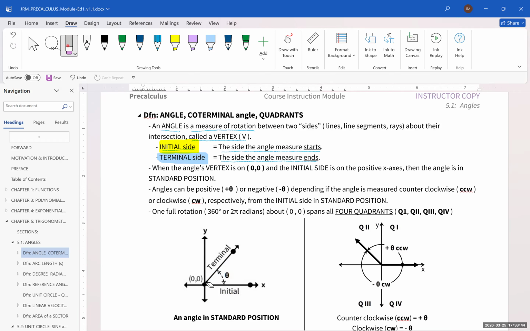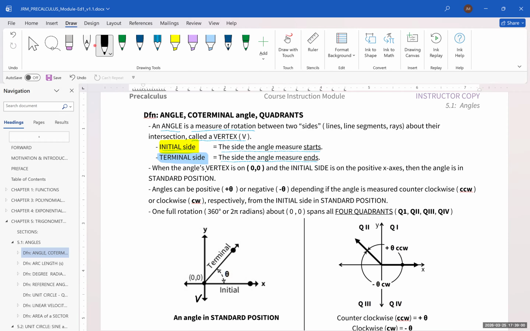Where the initial side and the terminal side intersect is this point right here, and that point is called the vertex V.